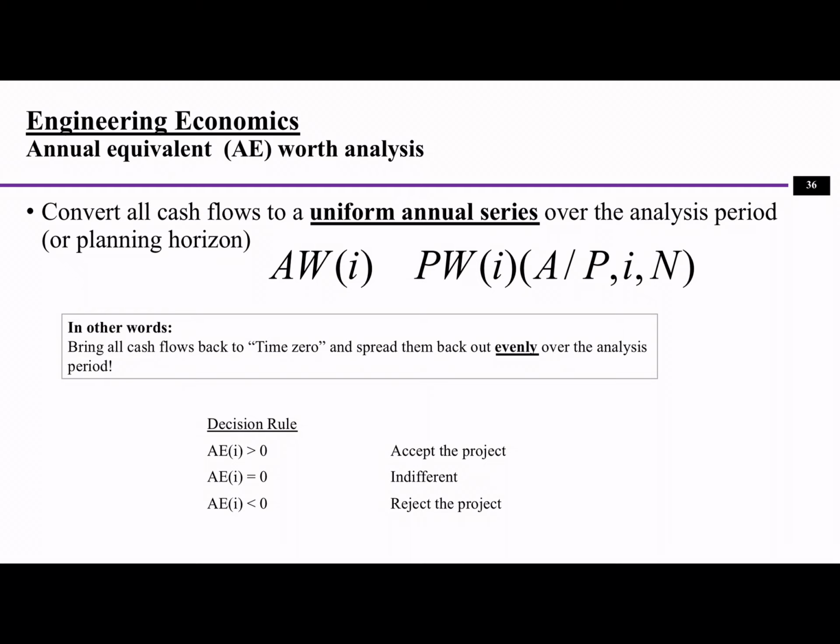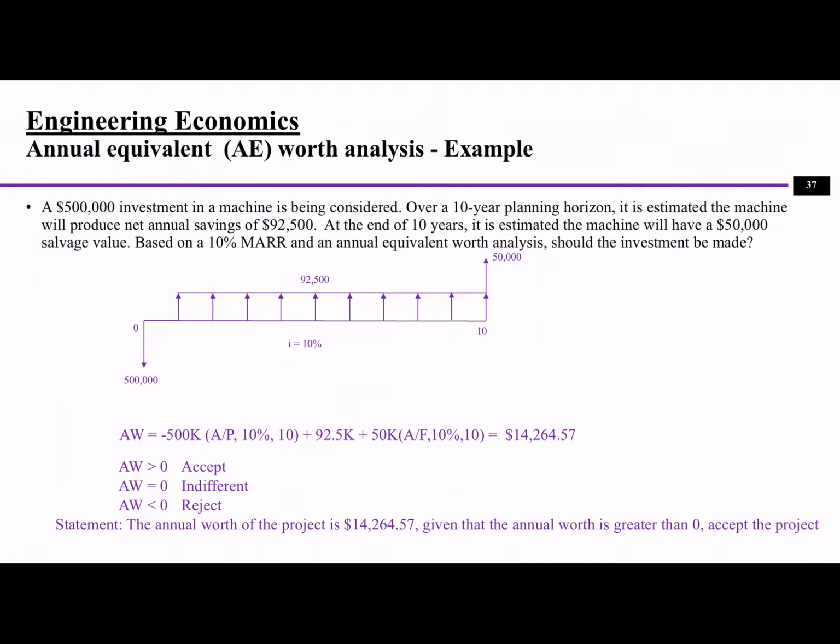It's positive cash flows. If it is less than 0, it means negative cash flows. If it is equal to 0, it means it's indifferent. It's break even. So this is the decision rule. Now let's look at one example for this.